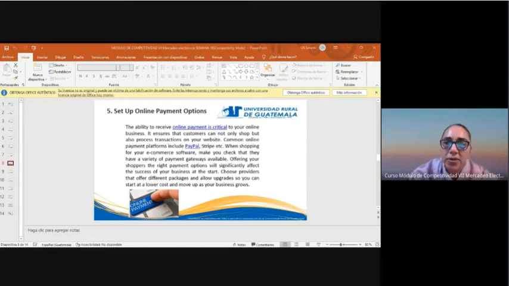So you also need to get different types of accounts in different banks. This is really important for you to think about, to offer all these payment options to your customers.